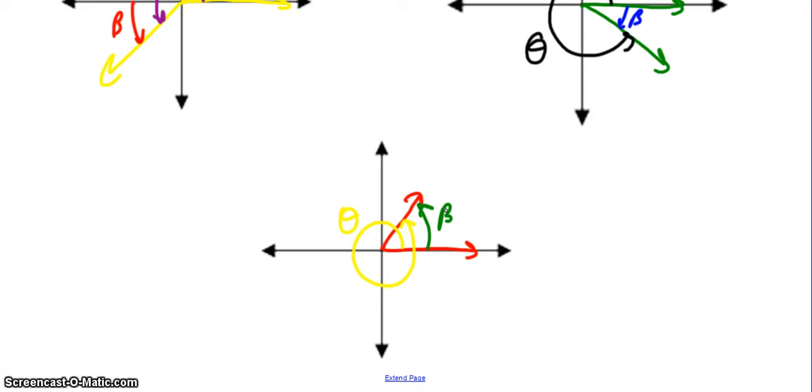And again, that's going to be true in every single quadrant. So for a given angle and all of its coterminal angles, they will have the same reference angle.